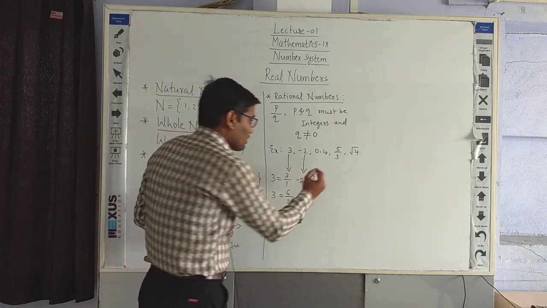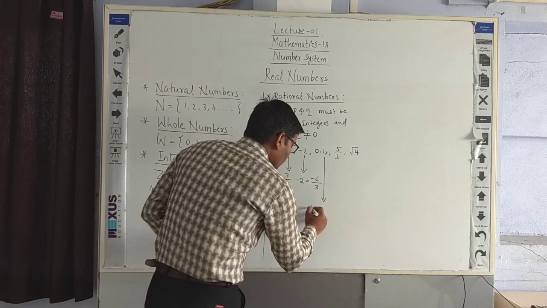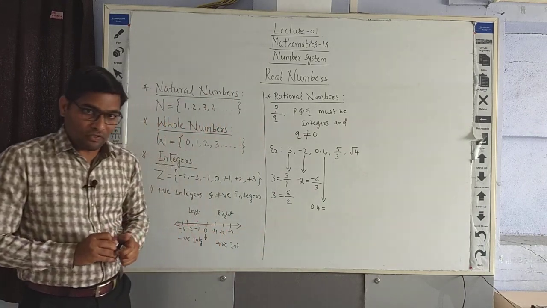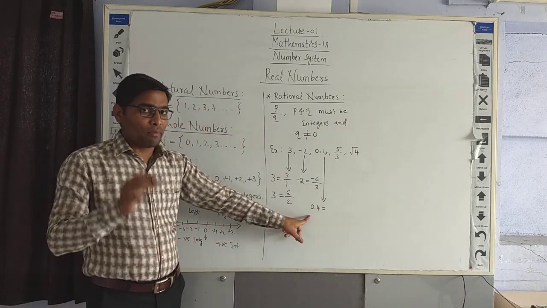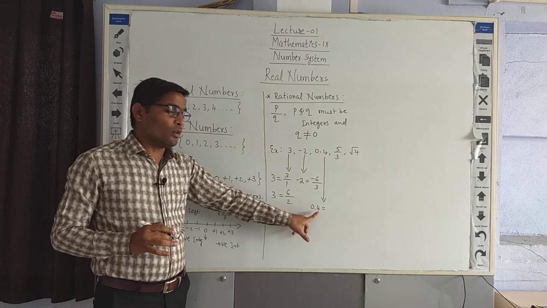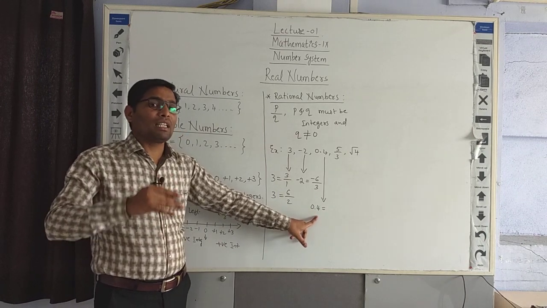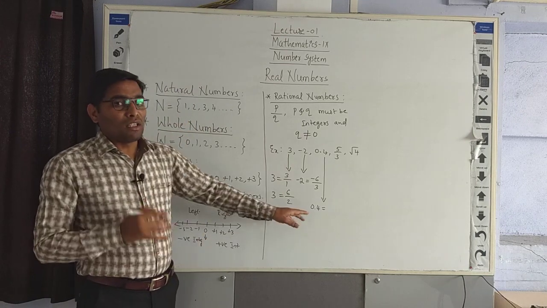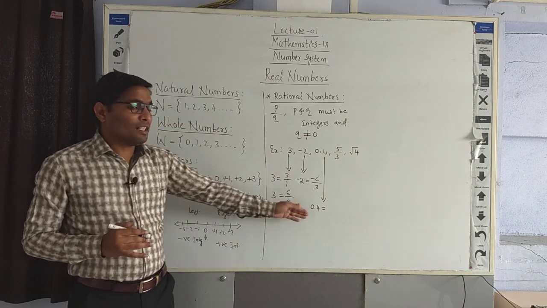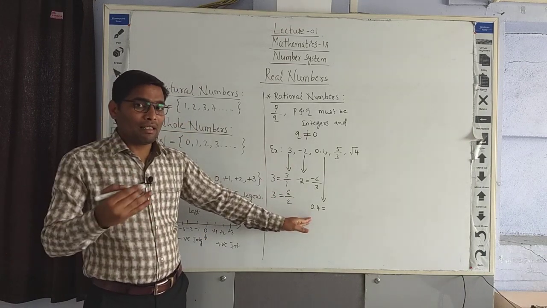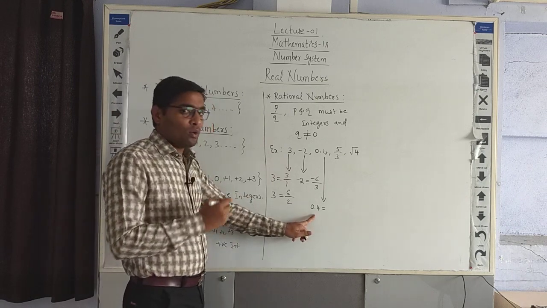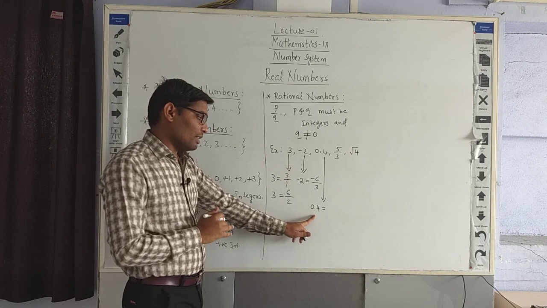Moving to the next, 0.4. 0.4 is not an integer first of all, and it is not in the form of p by q, but it is a decimal number. It can also be written in the form of p by q. How? We know how to convert decimals to fractions. Let's apply that concept over here. So, convert 0.4 into a fraction.